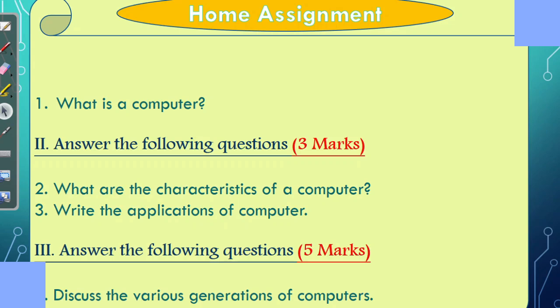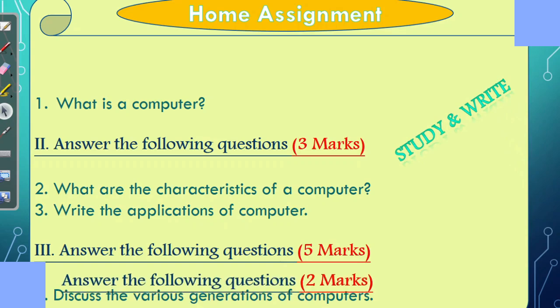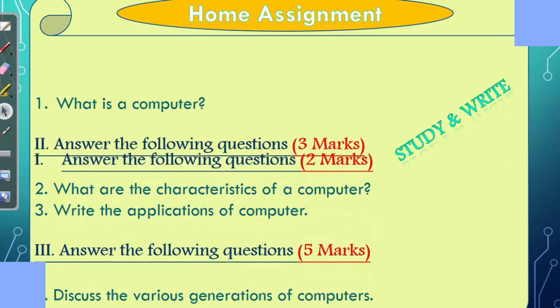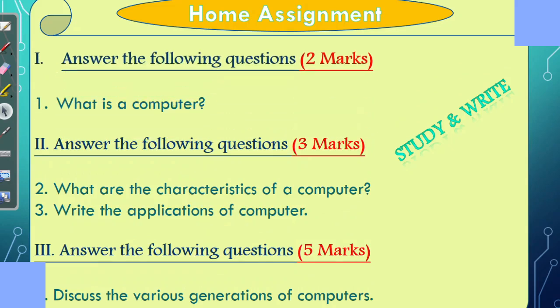Take down your home assignment. First question, what is a computer? 2-mark question. Next, what are the characteristics of a computer? Next, third question, write the applications of a computer. These two carry 3 marks each. And the fourth one, various generations of computer.